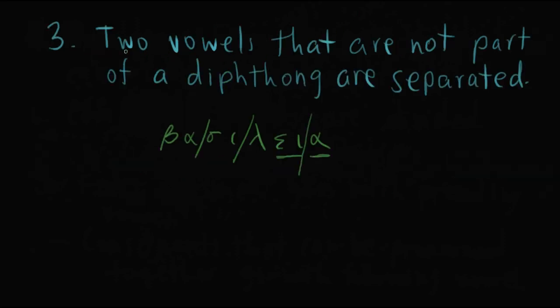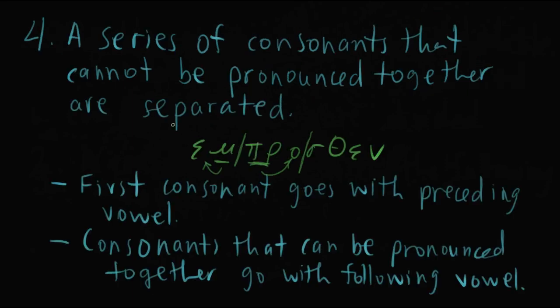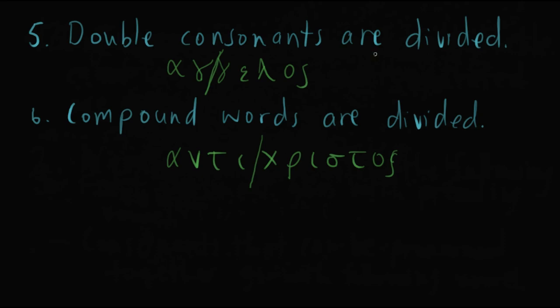Number 3, so if you have two vowels that are not part of a diphthong, they're separated. So as we see here. Number 4, if you have a series of consonants that cannot be pronounced together, they are separated, as we see in this case. And number 5, double consonants are divided. So we saw those two double consonants divided. Number 6, the final rule, compound words are divided. So those are your 6 syllable rules.